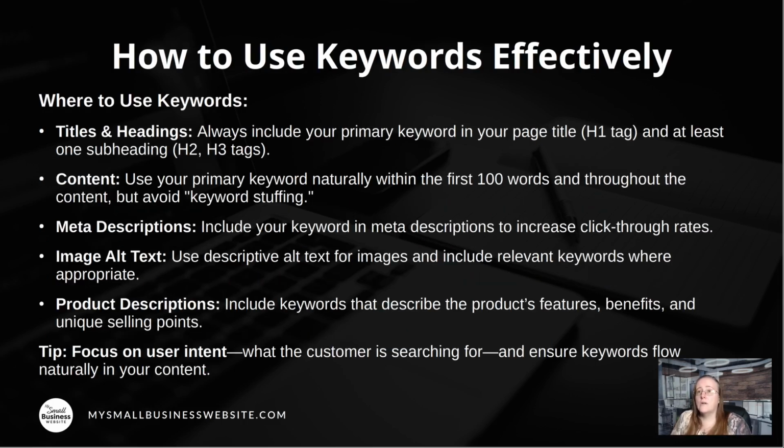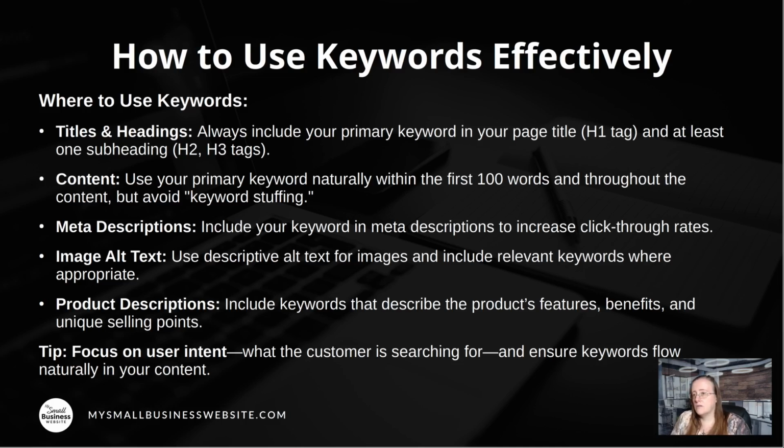Okay, so ways that you can use keywords effectively: you're going to want to include keywords in the headings, and you're going to want to at least have it in the page title and at least one subheading. Then you'll also want to include it within the first 100 words of the content.